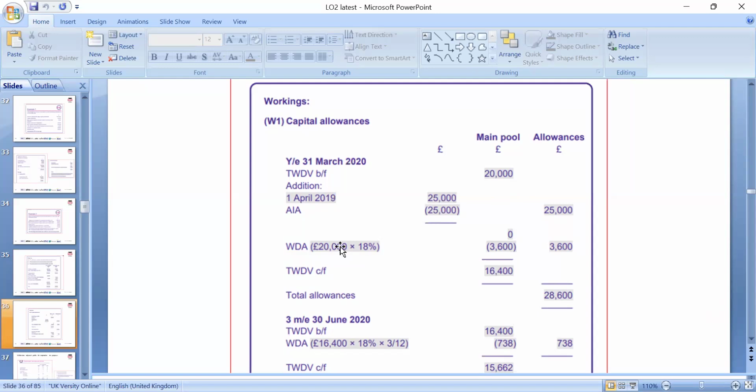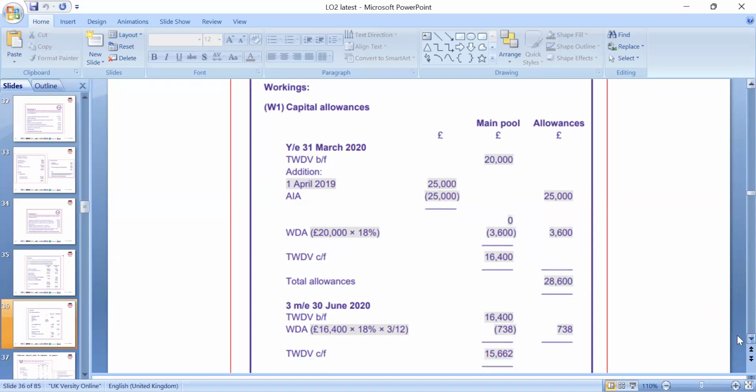Because the written down allowance is 18%, we can find 18% of 20,000. So that's the total written down allowance value, which will be carried forward for the next period, and how much we have now.